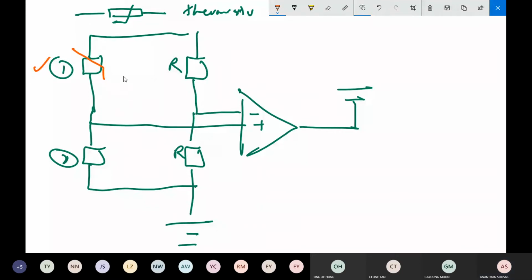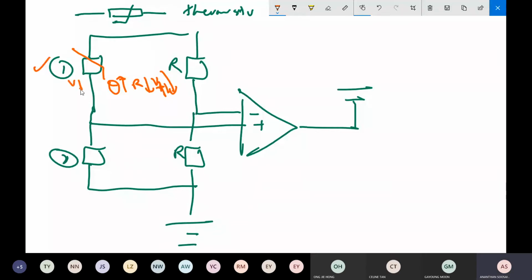Okay, let's see. If you put your thermistor here and the temperature rises because there is a fire in the room and heat reaches this circuit, what happens to the resistance of the thermistor? It will drop, so the voltage across the thermistor will drop.